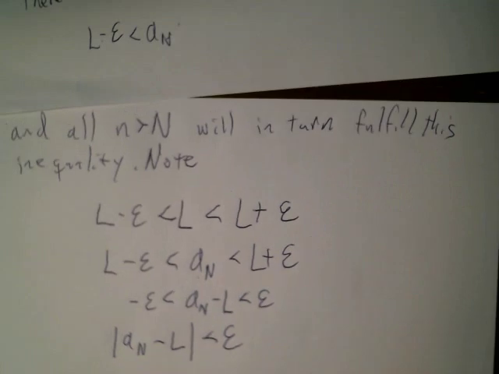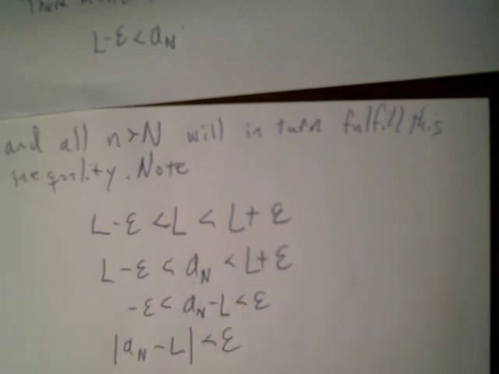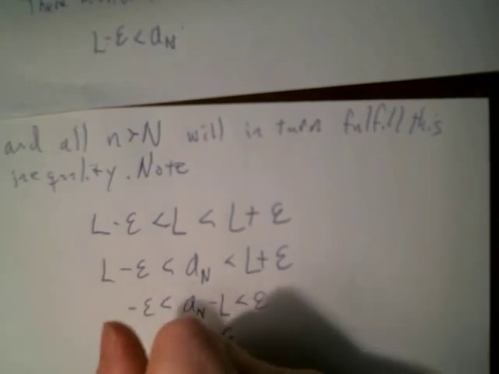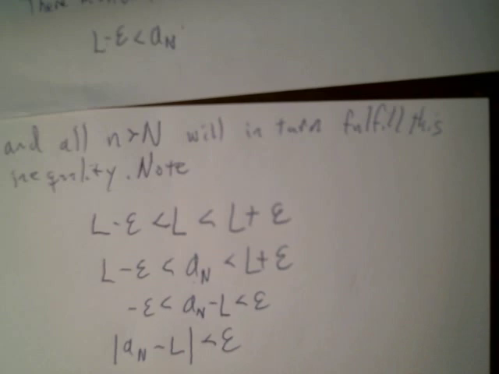So this will be true for any n greater than big N. And then we said epsilon must have been arbitrary. So for any epsilon, I guess I didn't explicitly say that, but I meant it.